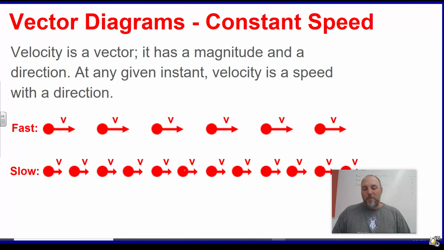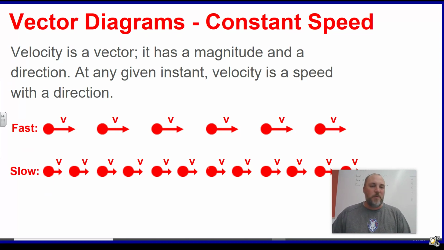A vector diagram is just basically a motion diagram with an extra component. We have our dots representing the position of the object, but we're also going to include an arrow for the velocity at each position. So we can draw that arrow to represent our velocity. The direction of the arrow would be the direction of travel.